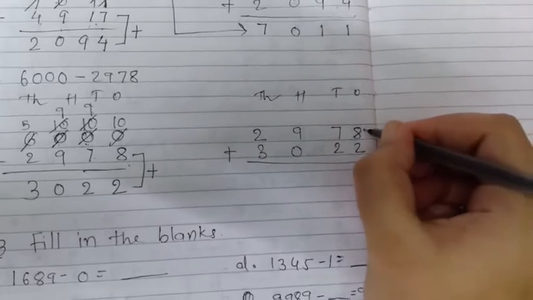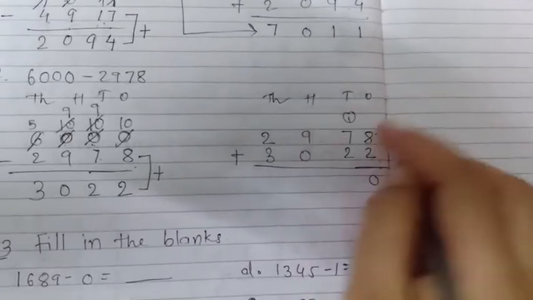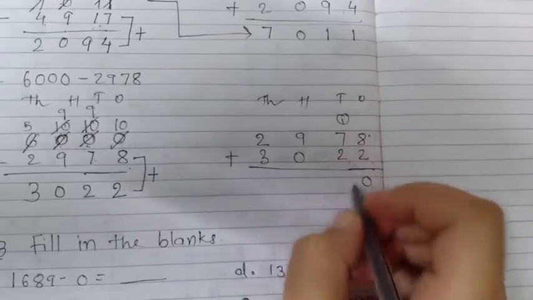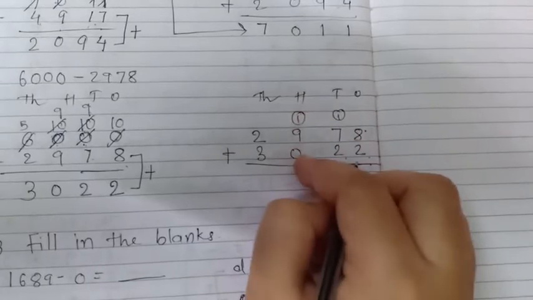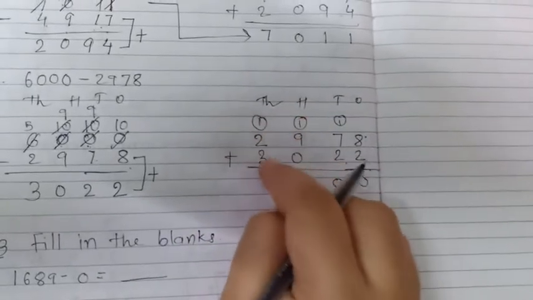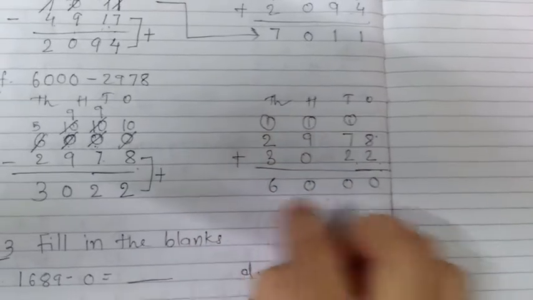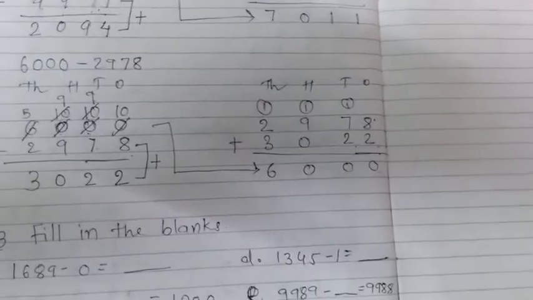Start from the ones place. 8 plus 2, 10. 1 carry. 7 plus 1, 8. 8 plus 2, 10. 1 carry. 9 plus 1, 10. 10 plus 0, 10. 1 carry. 2 plus 1, 3. 3 plus 3, 6. So answer is 6000, and it's the same as the minus. So your answer is correct.